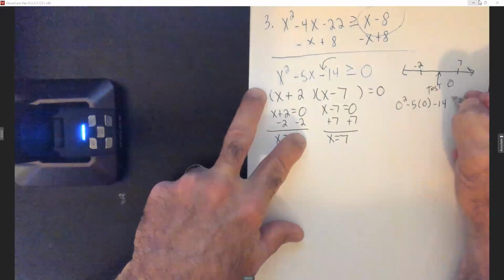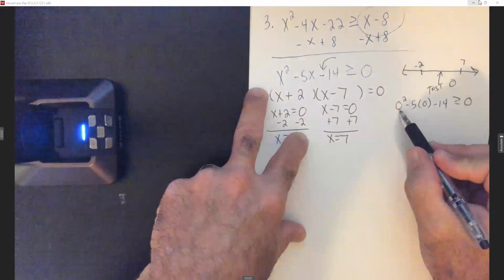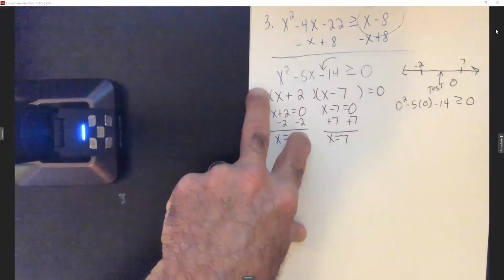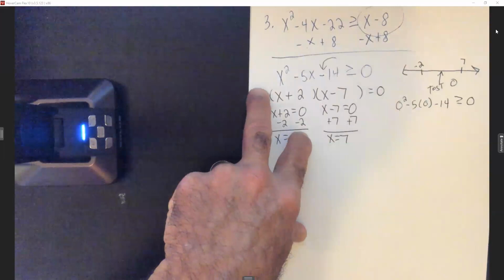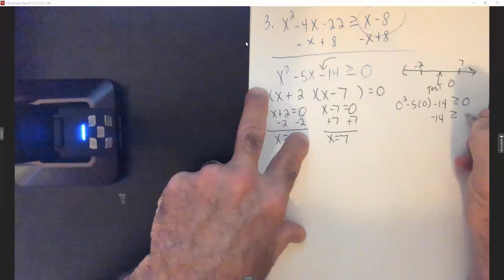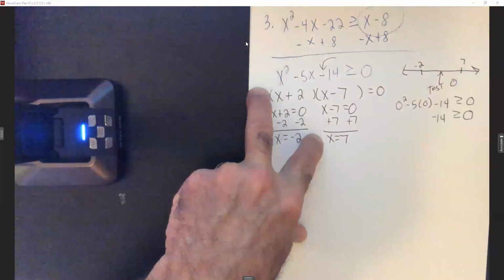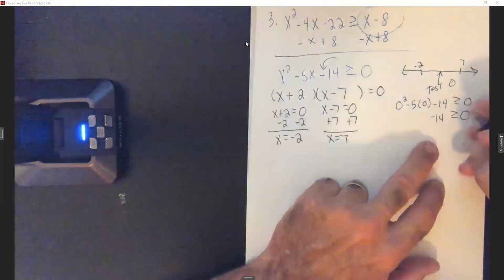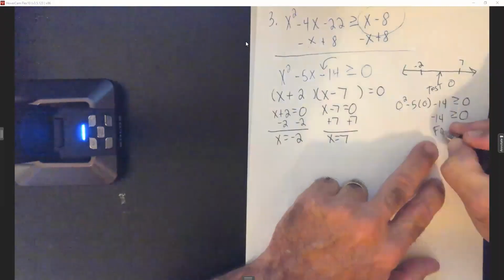Well, that gives me 0, and 5 and 0 gives me 0. And then that's going to give me negative 14 greater than or equal to 0. Well, y'all, negative 14 is not greater than 0, so that is false.